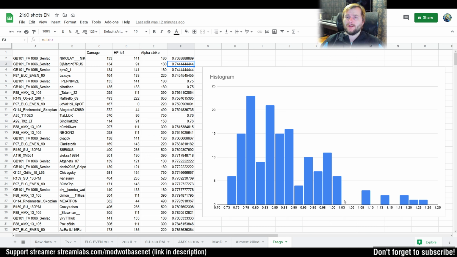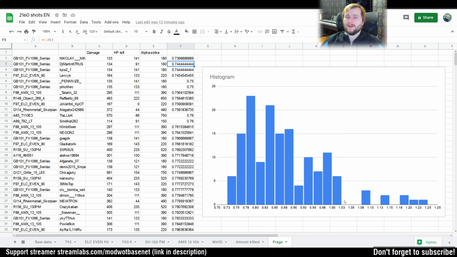How to use this data? Well, pretty straightforward. This data tells you that you can just count on it, and you know if someone has a bit more HP than your alpha strike, you will need two shots. You definitely will need two shots.